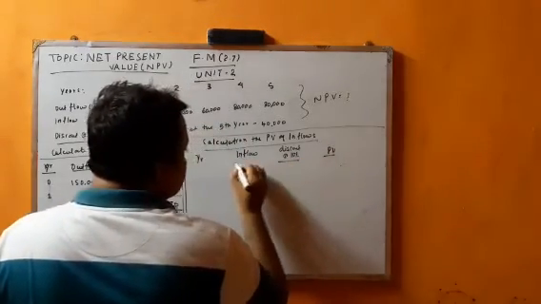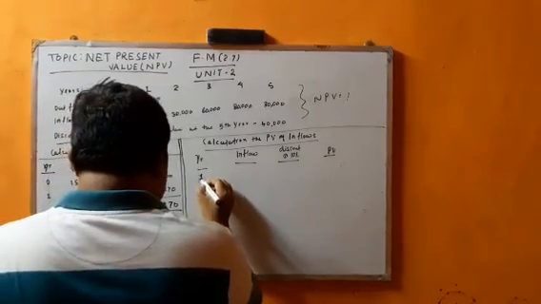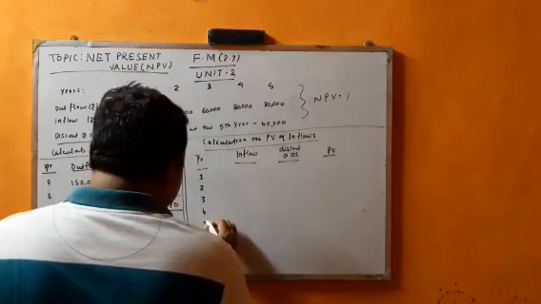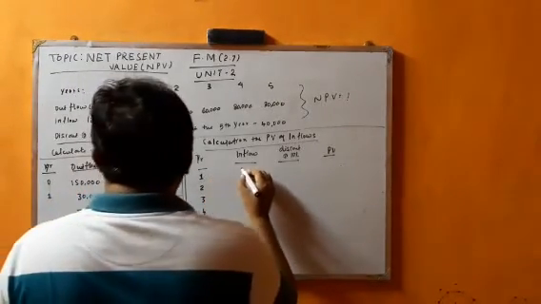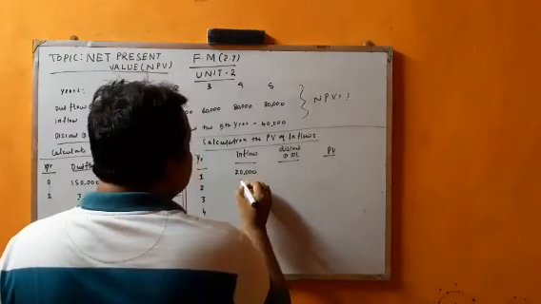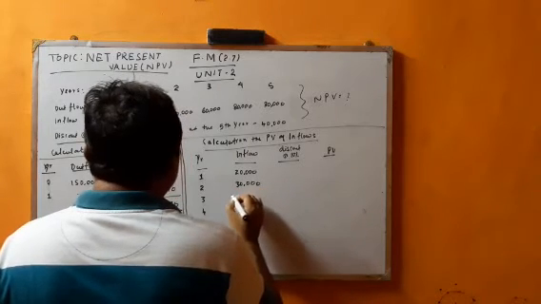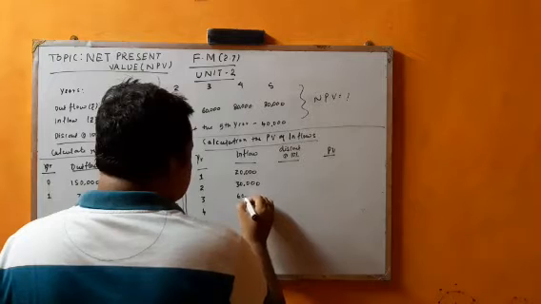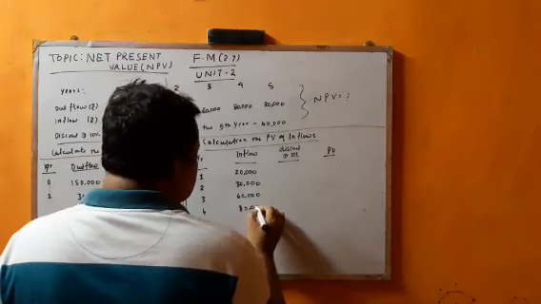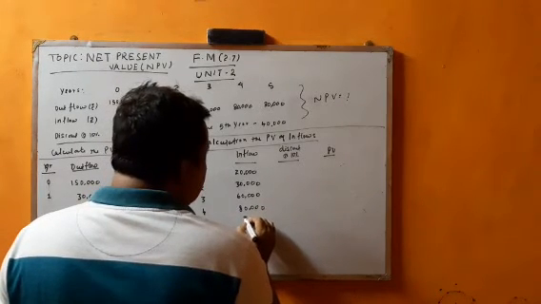For the years: first year is 20,000, second year 30,000, third year 60,000, fourth year 80,000, fifth year 30,000.